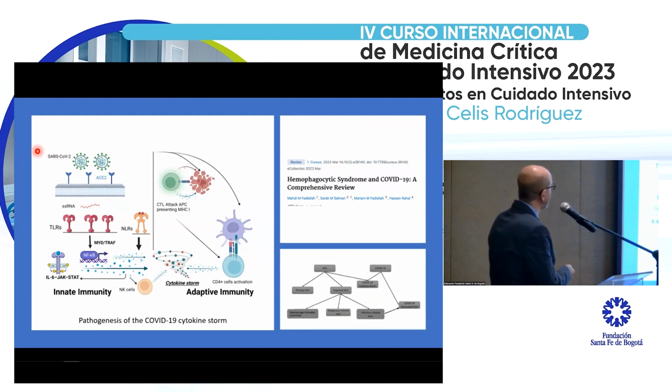The way it acts in COVID is that the SARS-CoV-2 virus gets linked to the ACE2 and releases the single-stranded RNA that is detected by toll-like receptors, and they immediately start the cytokine storm, activating the macrophages and the lymphocytes.